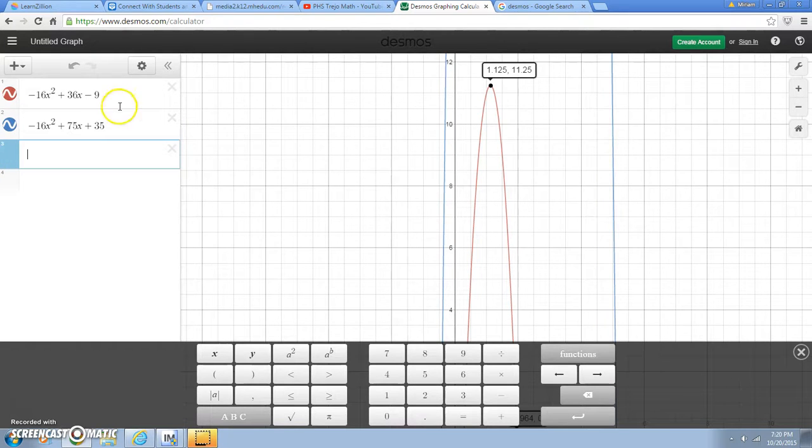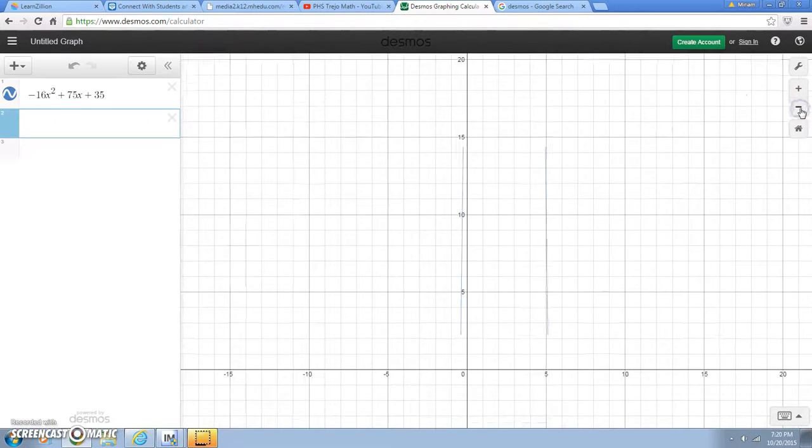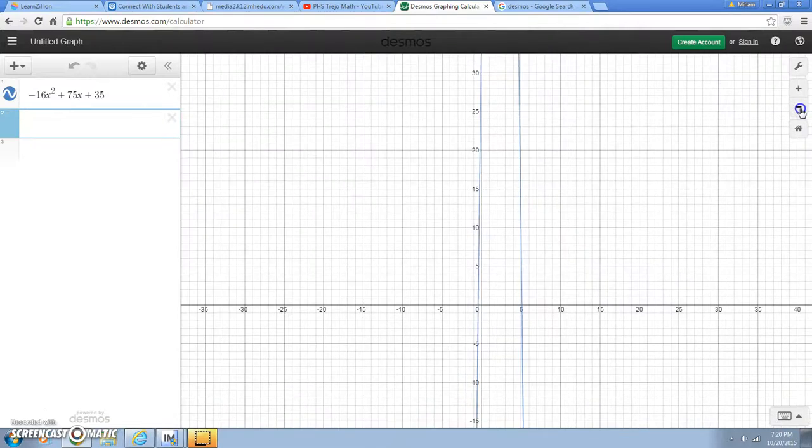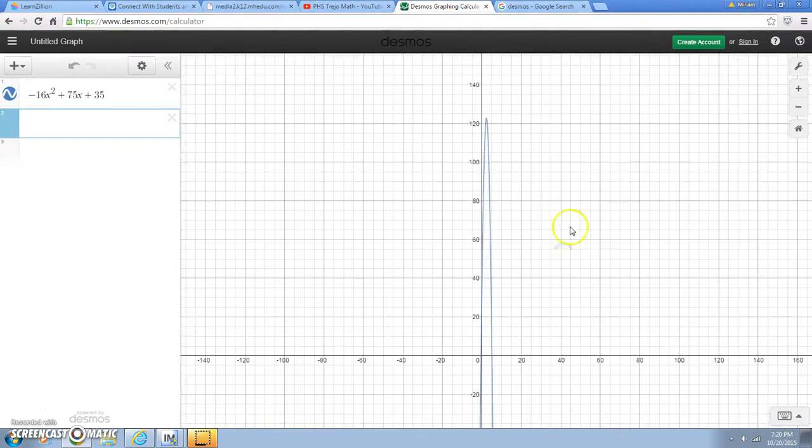Okay, and I still have the previous function, so I'm just going to go ahead and delete it. And this thing is huge. Okay, so he's really angry. He throws like a super bomb, I guess you could say.